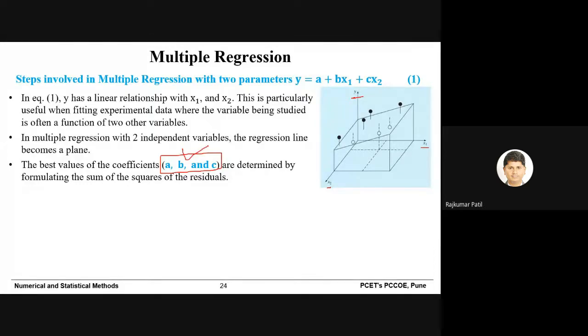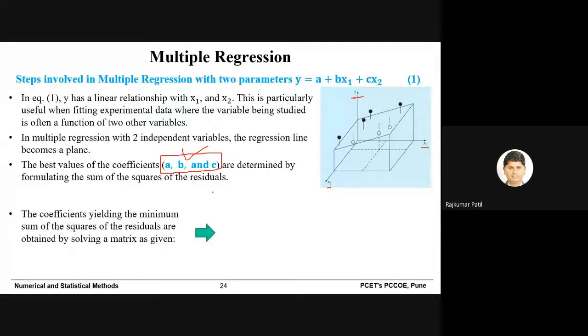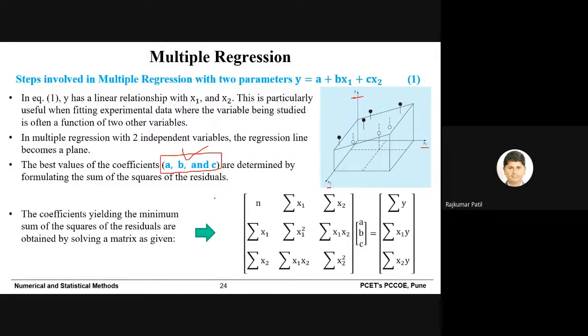Now in order to find the optimum values of these coefficients, there is a big derivation. I'm not going into that derivation. For more details you can refer to Steven Chapra's book, where the derivation is given. And once you simplify that derivation, you will come across this particular matrix. For the given data sets, meaning the values of y, x1 and x2, you need to find the value of n.